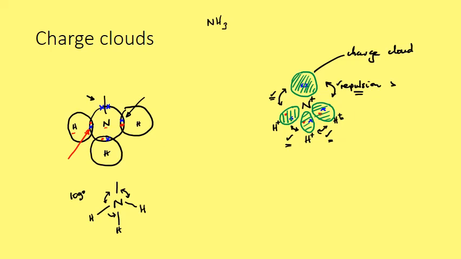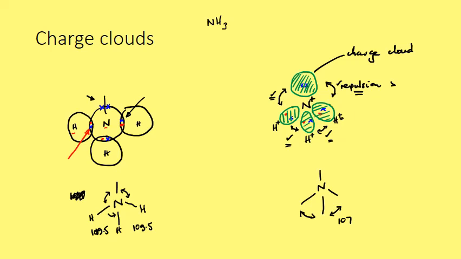So in fact what the bond angle becomes, if we just draw it again, is this, and we're talking about this bond angle here, which is the same as this bond angle here. This becomes 107. And I just have to correct a mistake on the previous slide. The 109, and it's 109.5, is this angle here, and of course this angle here.